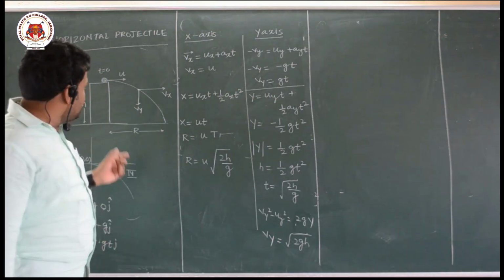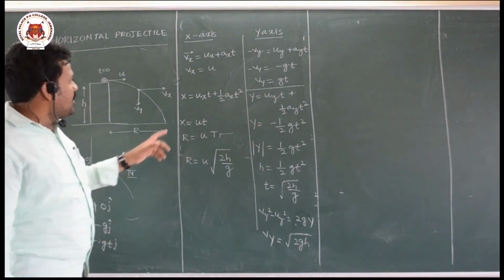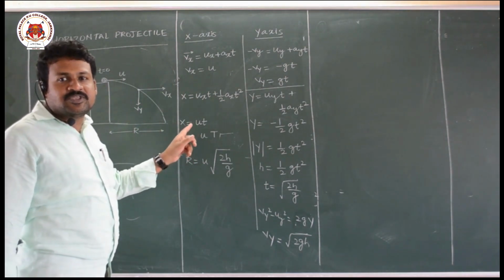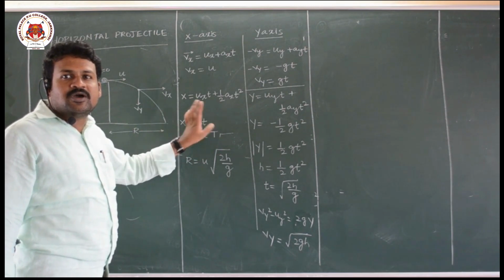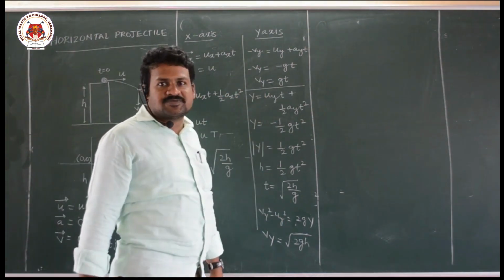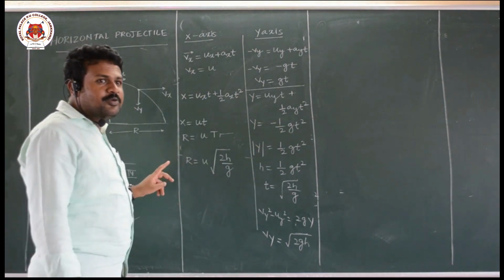Therefore, I can define this horizontal projectile motion as a body travelling with a uniform velocity u along x axis, and a freely falling body along y axis. For oblique projectile, how you define?